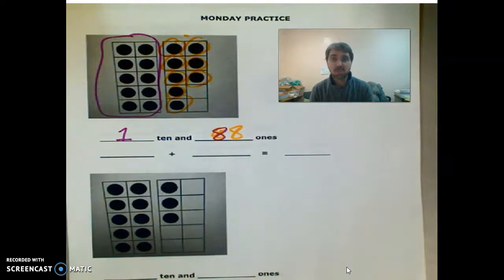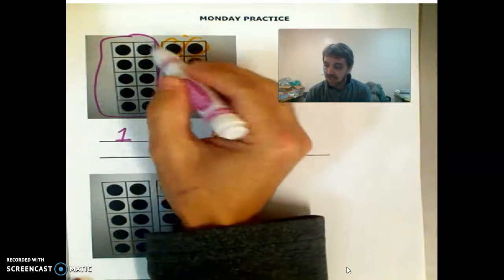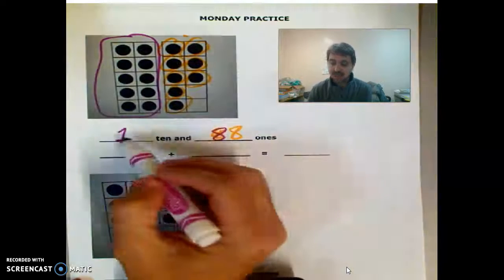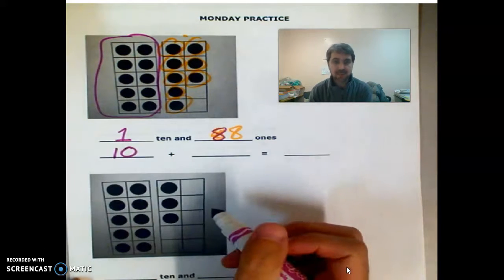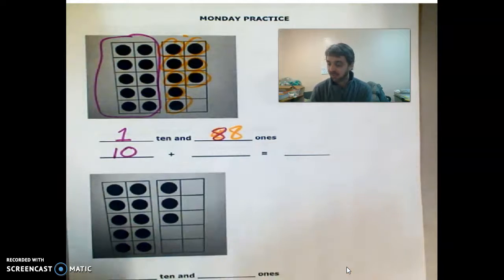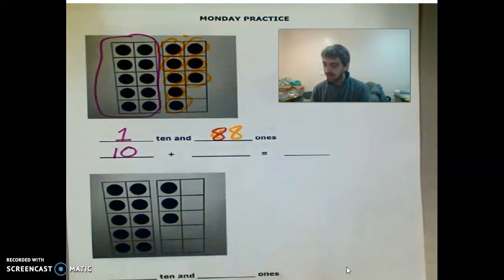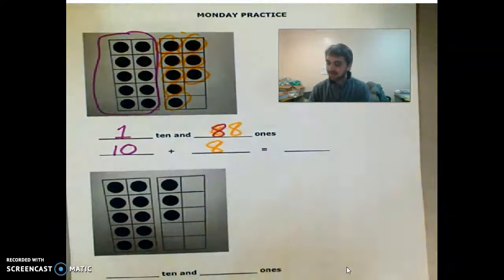The bag is open. They're not in a closed bag, they're loose. So if we have 1 ten, that actually stands for 10. That's 10 pieces of candy, plus 8 more, equals 18.